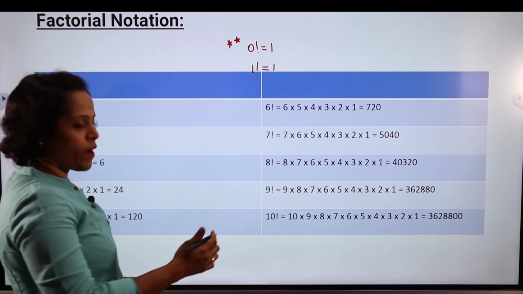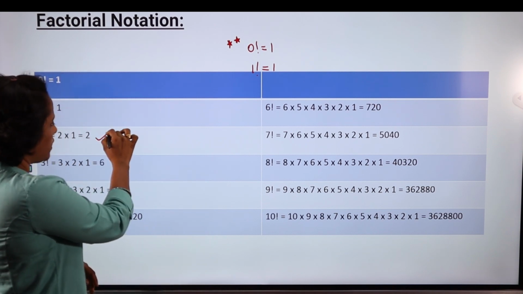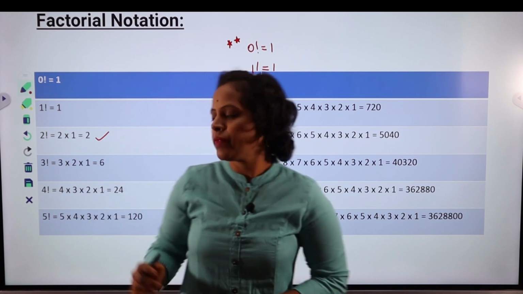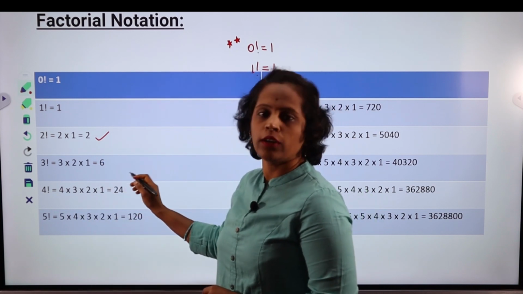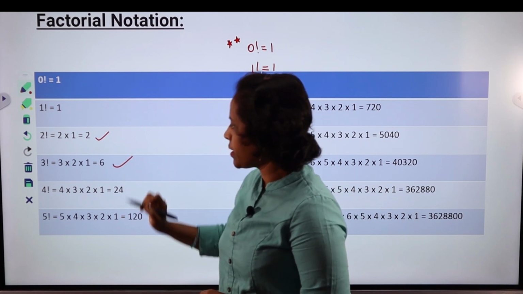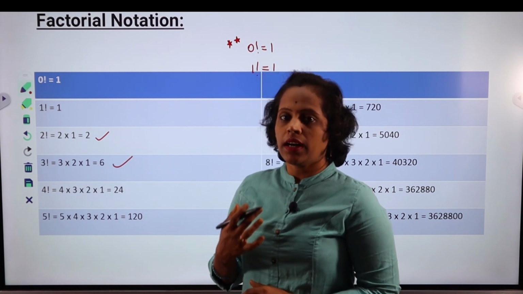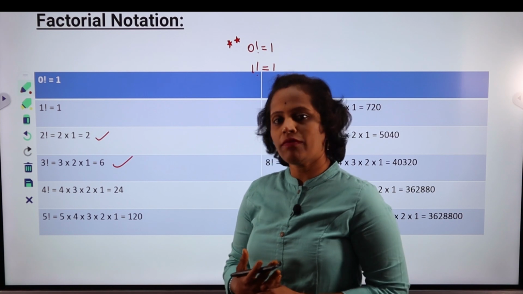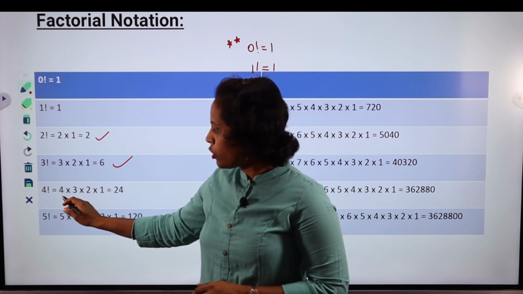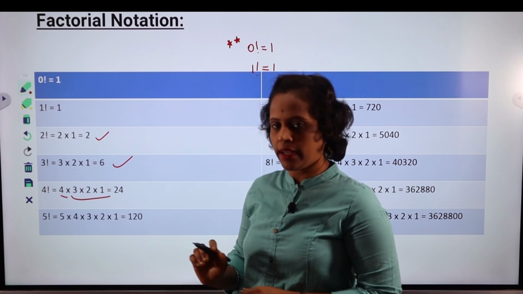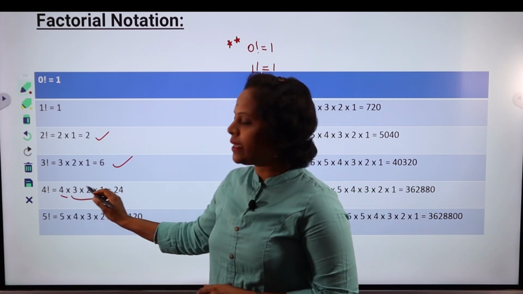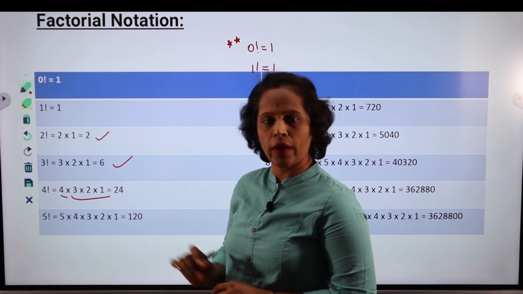Let's see what is 2 factorial. 2 factorial is 2 into 1, which equals 2. 3 factorial is 3 into 2 into 1, which is equal to 6. 4 factorial: as we have seen, what is the definition of factorial? The product of the number with all the natural numbers below that, right? 4 multiplied by 3, 2 and 1 gives you 24.